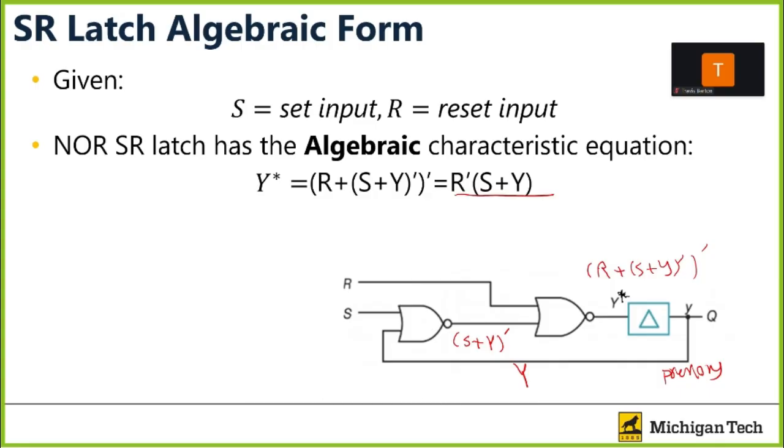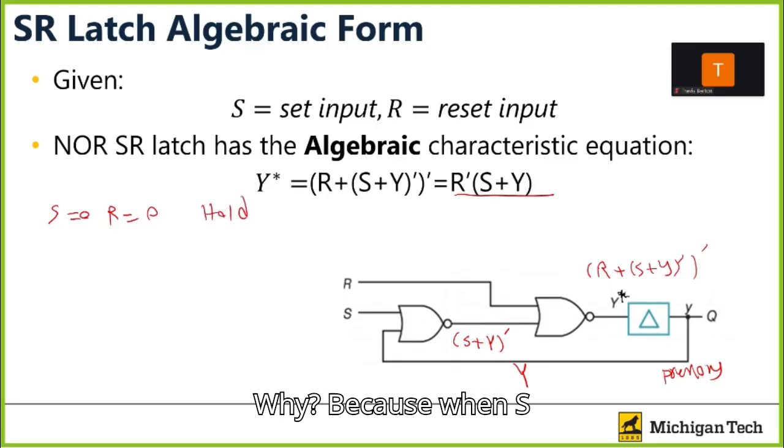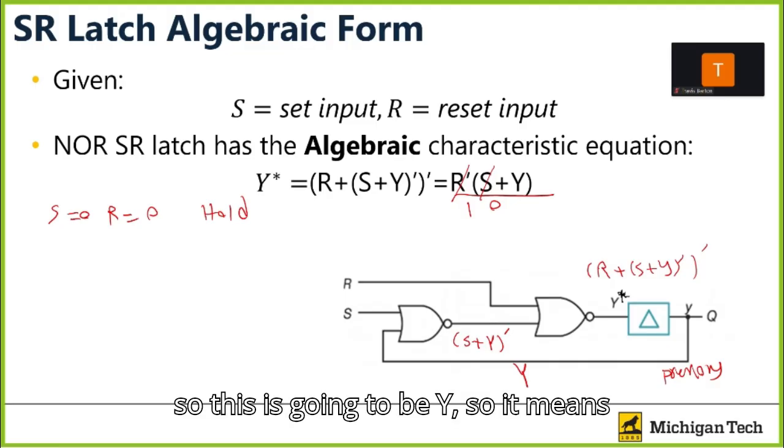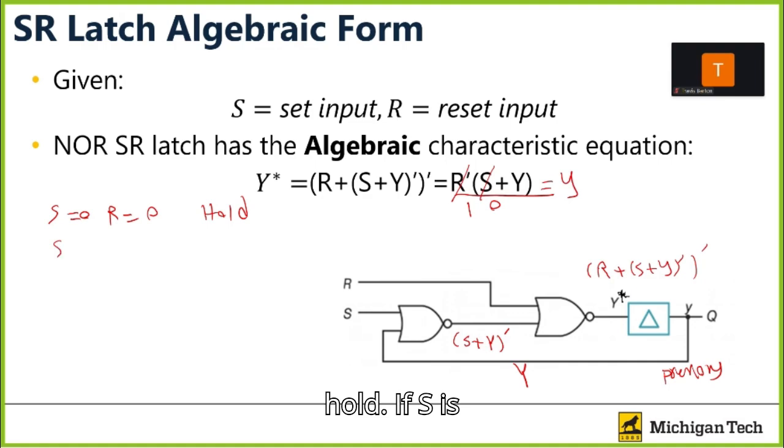If, for example, S is 0 and R is 0, it is hold. Why? Because when S is 0, this is 0, and S bar is 1, so this is going to be Y, so it means hold. If S is 1 and R is 0, let's see what happens in this case.